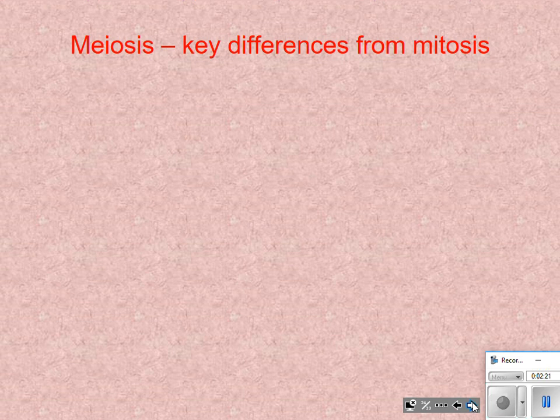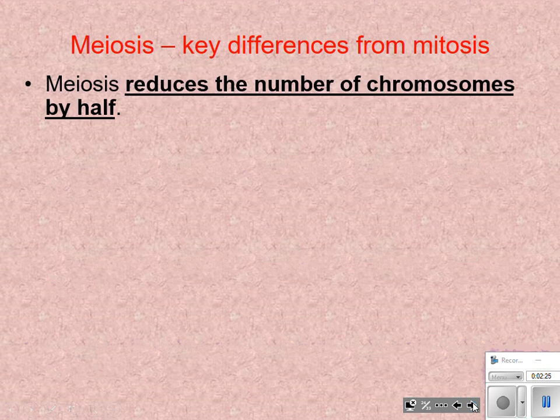Meiosis. Key differences from mitosis. First of all, meiosis reduces the number of chromosomes by half. Reduces the number of chromosomes by half.